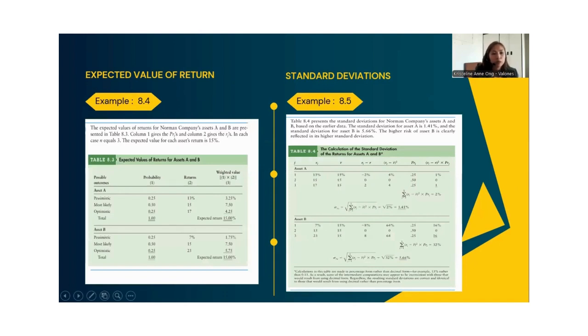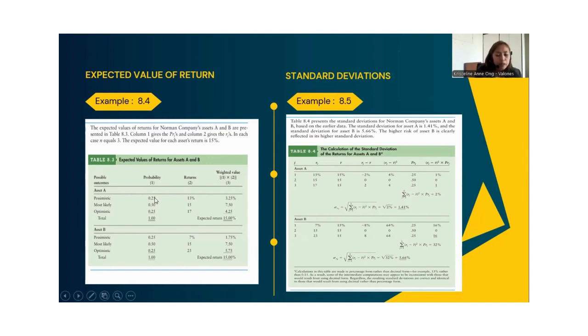Let's check the example for the expected value of return and standard deviation. So let's check here example 8.4. The probabilities here are given: 25%, 50%, and 25%. And the returns are 13%, 15%, and 17%.